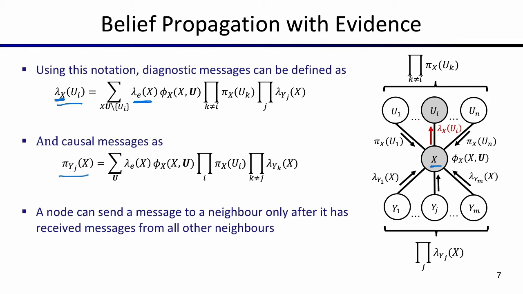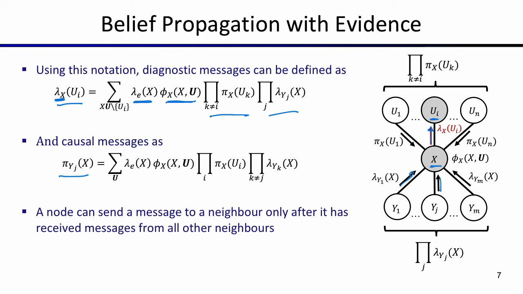One is a message, and the other is a factor that indicates the evidence. Here we have the factor associated with node X. Here we have all the messages coming from the other parents, but U_i. We send a message to U_i, so we don't need the message coming from U_i. That is very important. We also need the messages that are coming from the children.